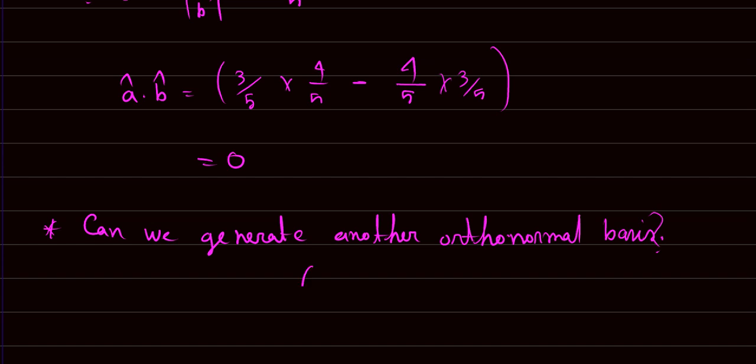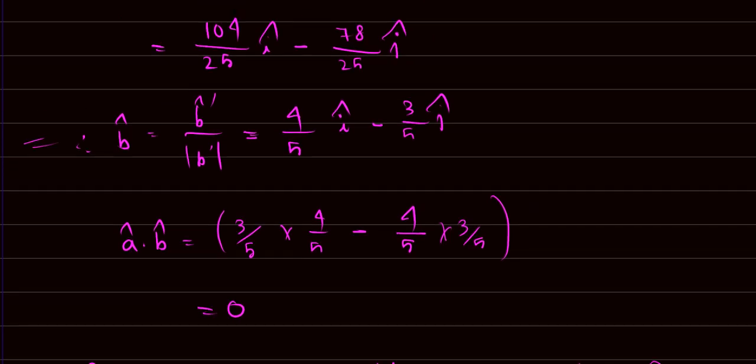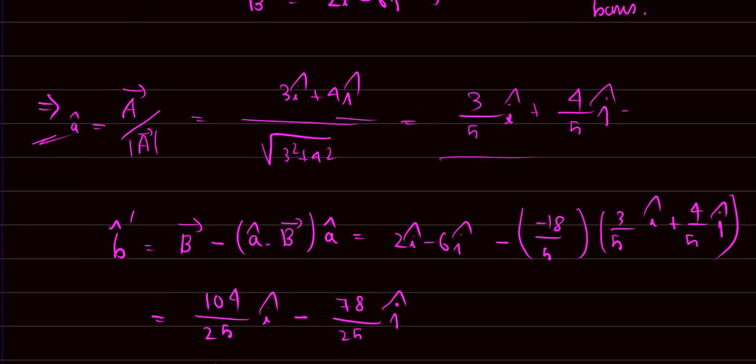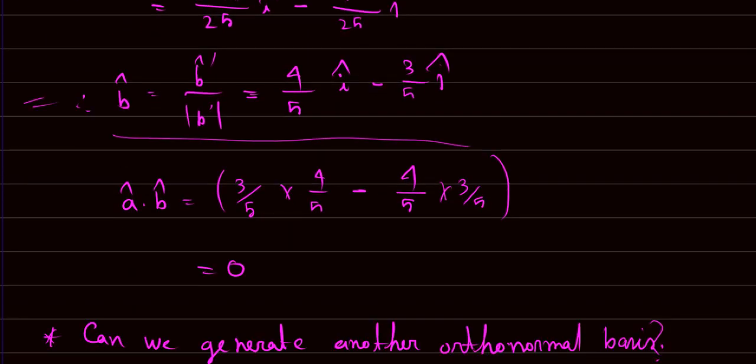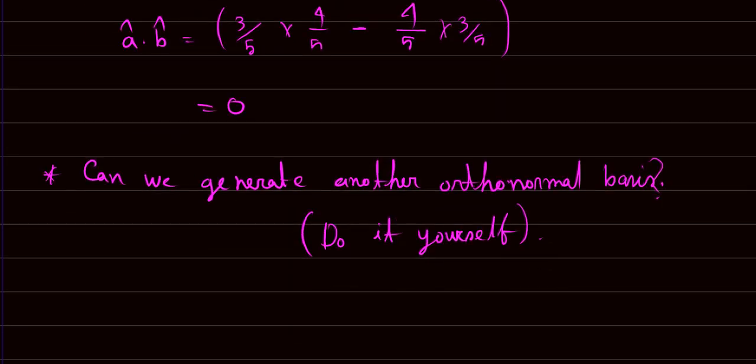This is for practicing. Do it yourself. The question is, can we generate another orthonormal basis? This means, is this the only orthonormal basis we can find by Gram-Schmidt theorem, or can we find another one? Do it yourself for your practice.